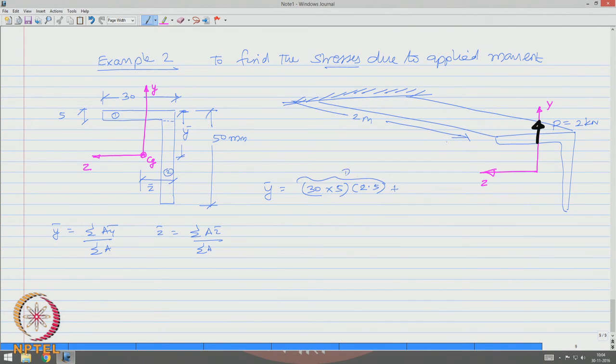The second piece, 45 into 5 is the area, and its distance is 45/2, 22.5 plus 5, divided by the area 30 into 5 plus 45 into 5, which gives me y bar as 17.5 millimeters.